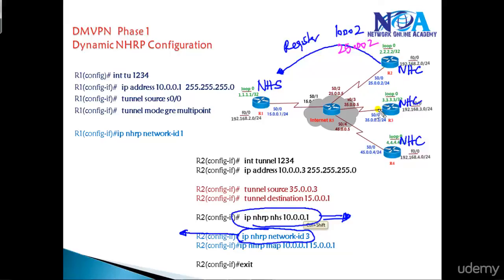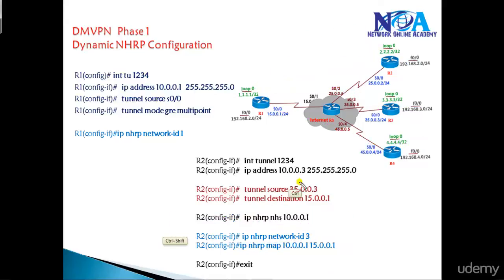So every client has to register with the server, and this is only possible if you define who your next hop server is. If you don't tell, then the spokes will never come to know who the server is or with whom they have to register. That's the reason, if you're using dynamic mappings, we need to enable NHRP, and then we need to tell the next hop server to send the register messages.